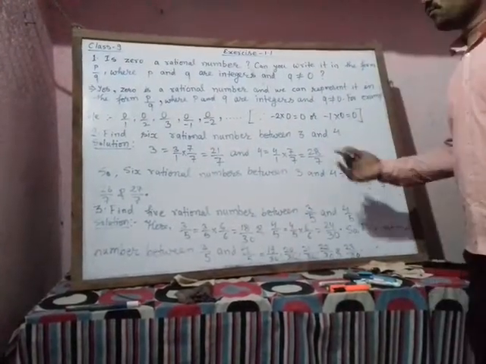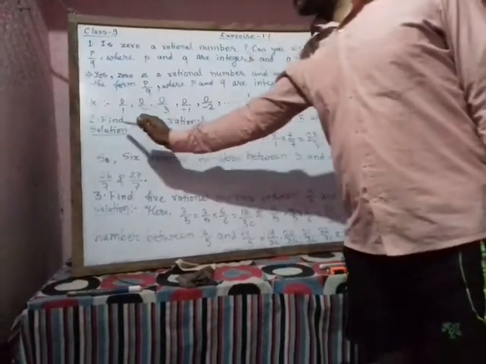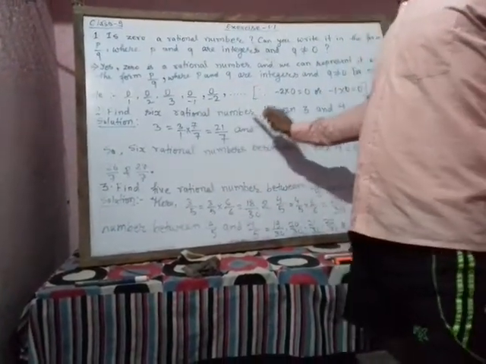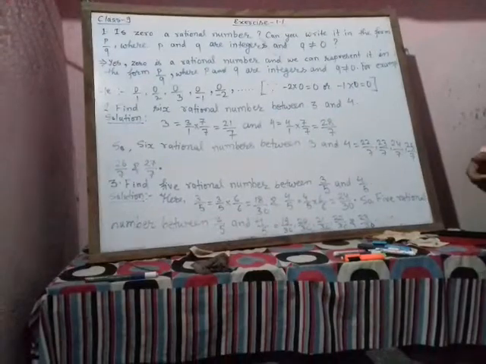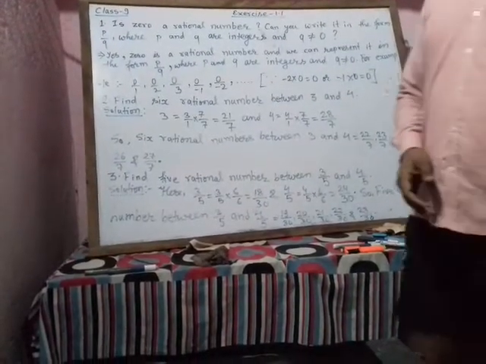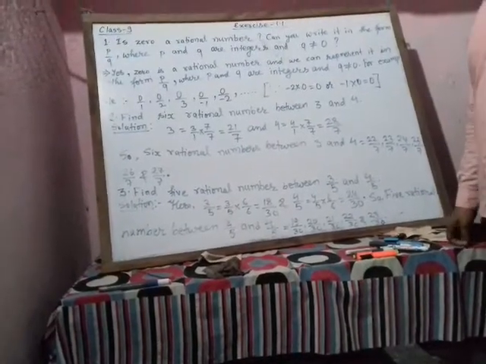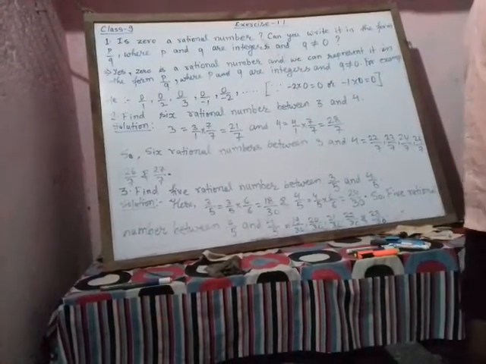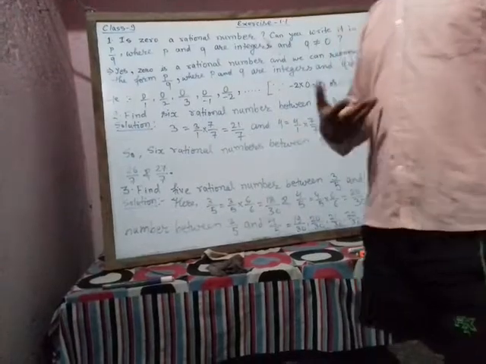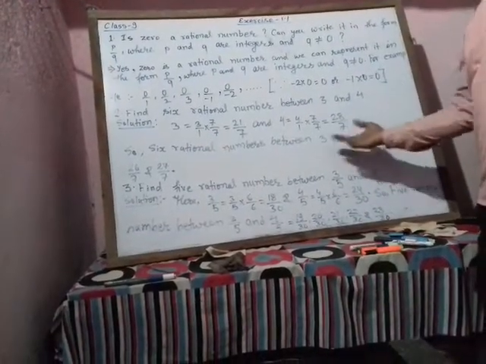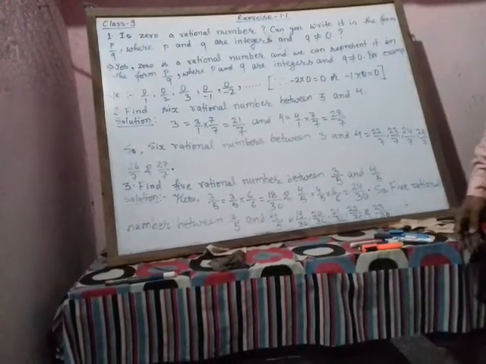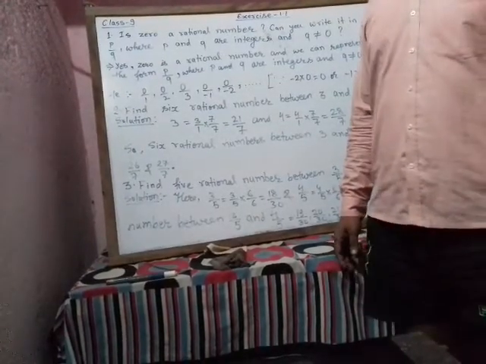So now we will move further. Find 6 rational numbers between 3 and 4. I would like to remind you that earlier I had explained how to find rational numbers. I had also given the formula you will use where the numbers are fractions and are not like fractions.